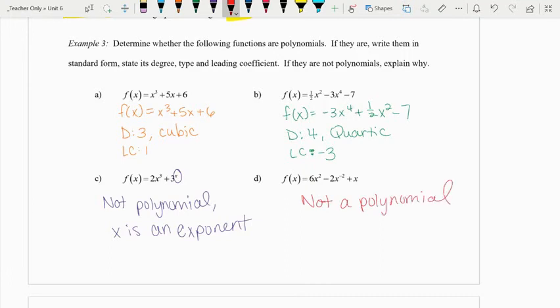And I hope that we're seeing what's different about this one. You notice we have a -2 as an exponent. Like we talked about before, to get rid of a negative, we would throw that x in the denominator, and we cannot have x's in a denominator. Or just no negative exponents.